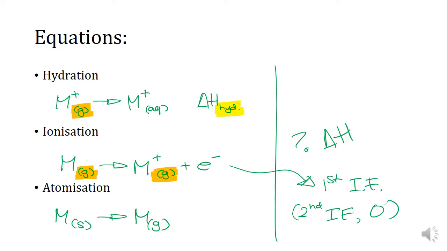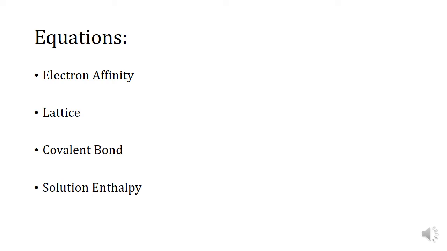So let's continue on and look at some more of these standard equations that you need to be able to recognize. Electron affinity is, if I start with an atom and I add an electron, again, those are all in the gaseous state.